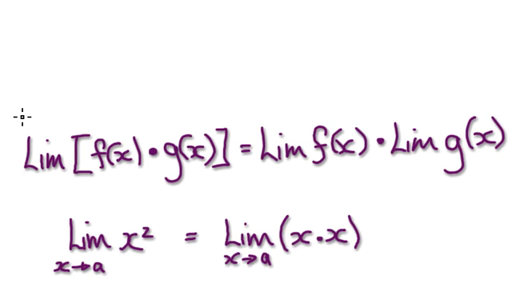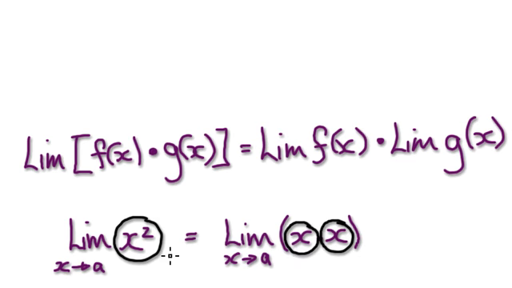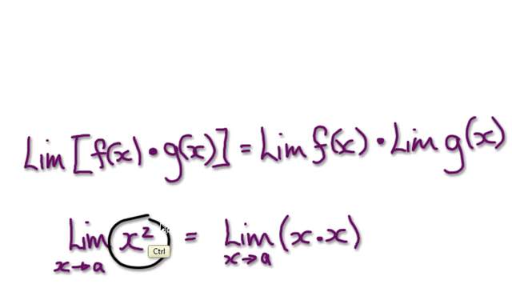If I were to ask you to find the limit of x squared when x approaches a, you can visualize this as one function multiplying another function. I can break x squared up as two functions, and the two functions are actually the same.